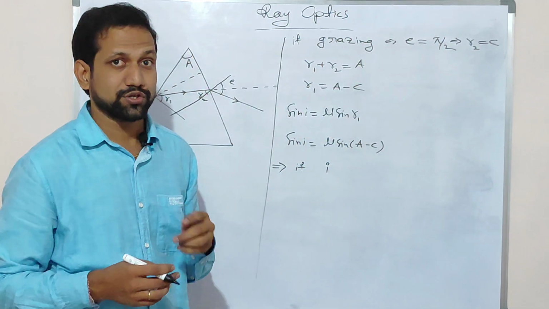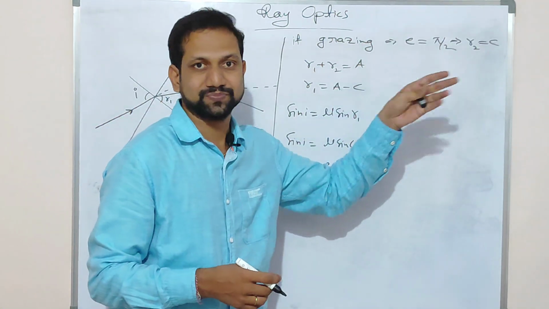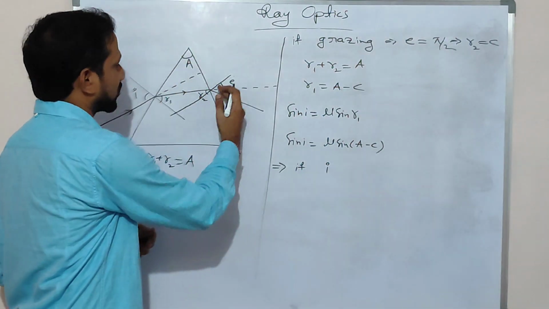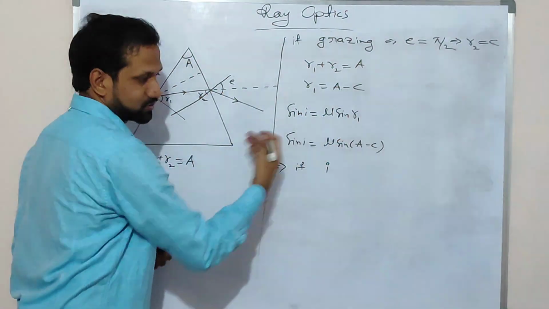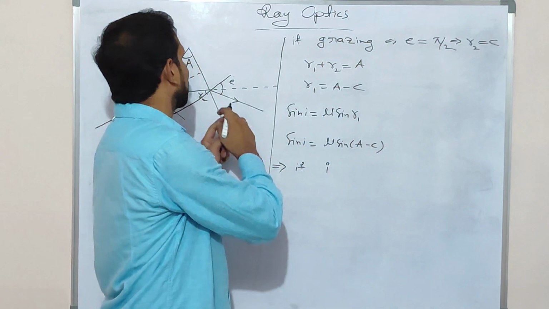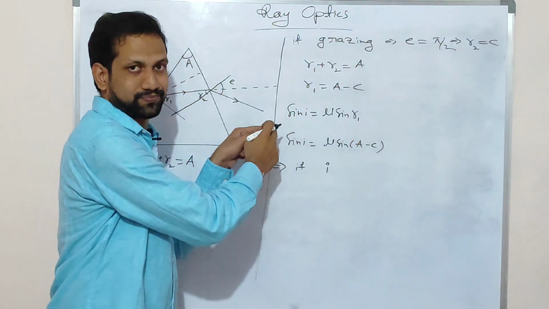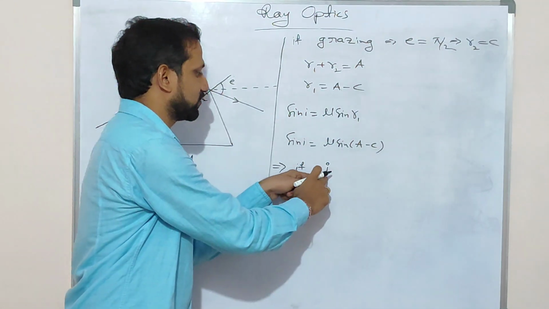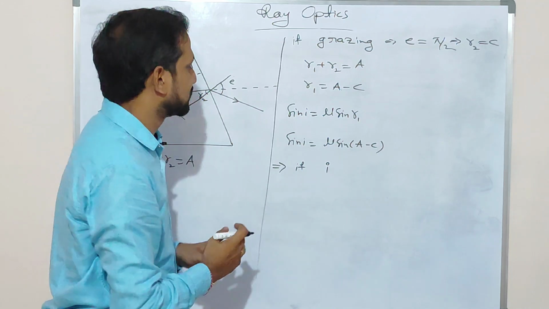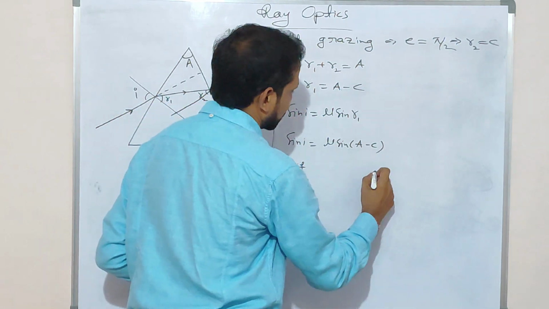If R2 decreases below the critical angle, then it will not be totally internally reflected; it will be refracted. So whether the emergent ray will be there or not is decided by the angle of incidence only. Here we have to understand three possibilities.